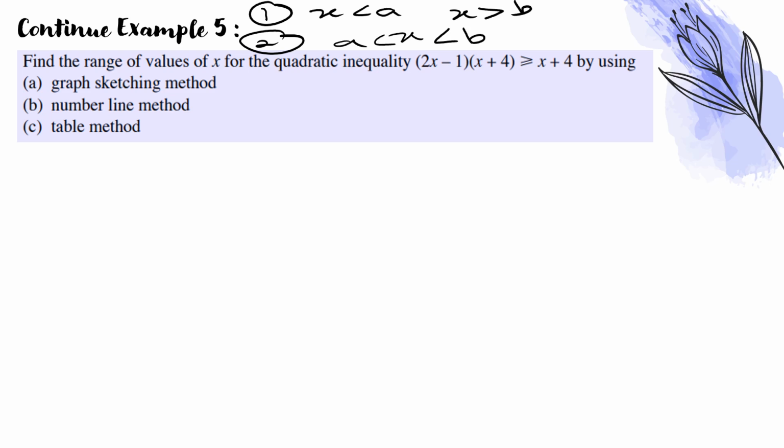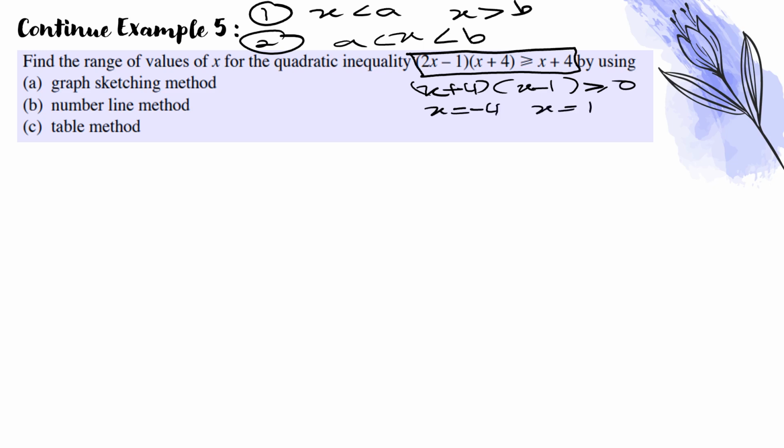Then, like usual, solve this inequality as in the previous slide. Your answer would be x plus 4 and x minus 1 more than or equal to 0, so x is equal to negative 4 and x is equal to 1.